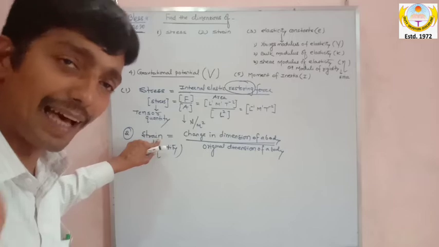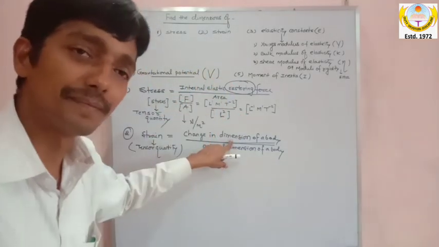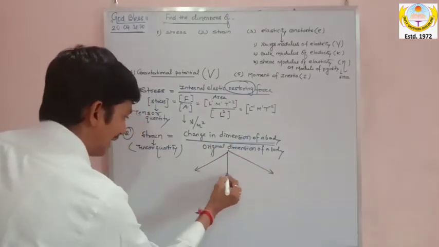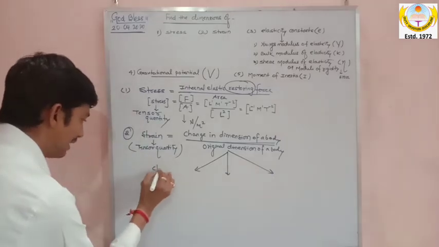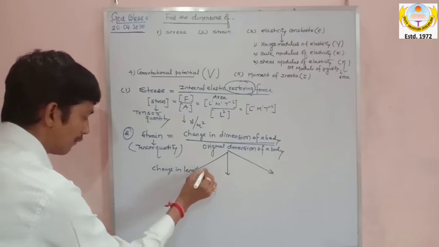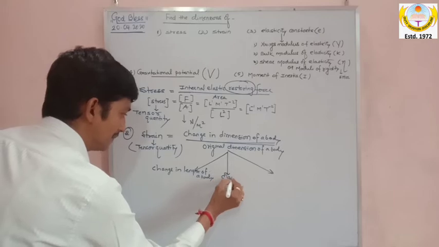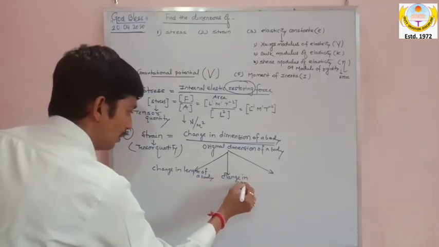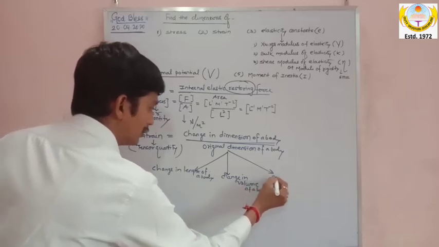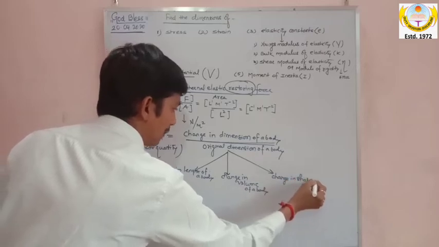It occurs in an elastic body. In an elastic body, sir, dimension is changed in three ways. Either it will be changed, I will write here, change in length of a body, change in volume of a body, and change in shape of a body.